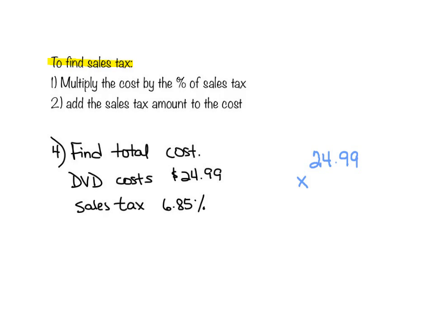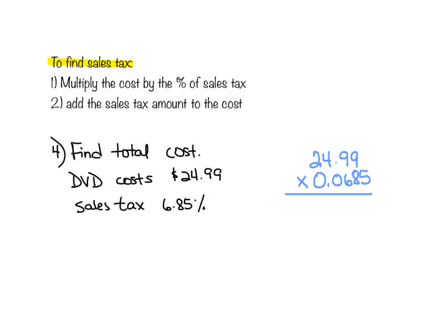Remember that in order to use a percent in a mathematical operation, we need to change it to a decimal. So we will change this to a decimal, moving the decimal over 2 times to the left. So it would be 24.99 times 0.0685.